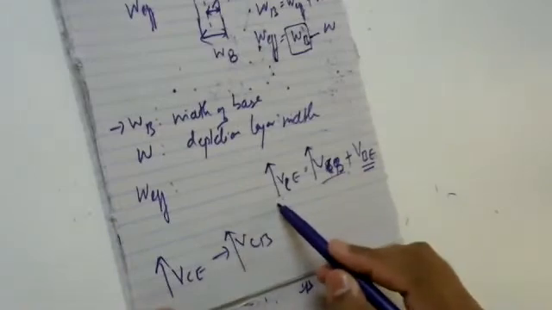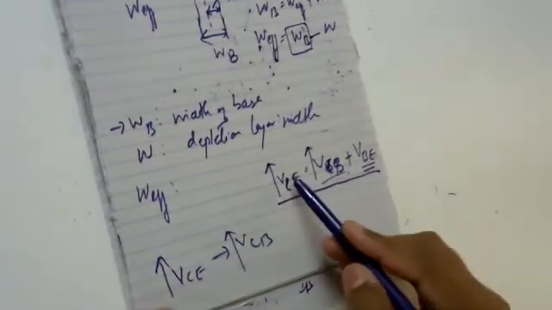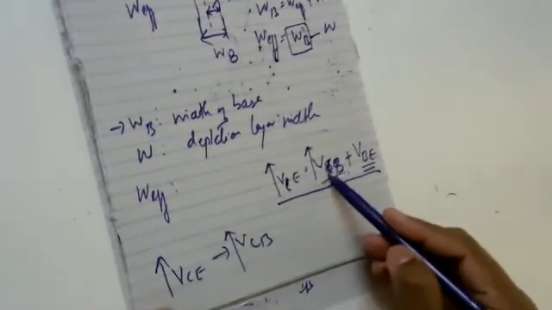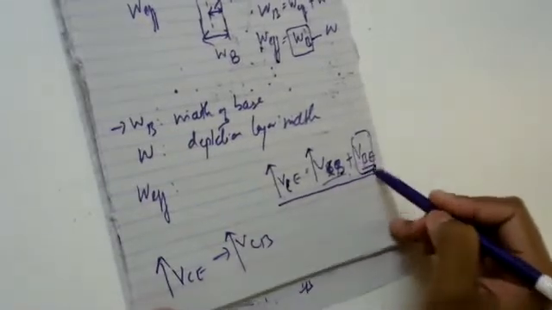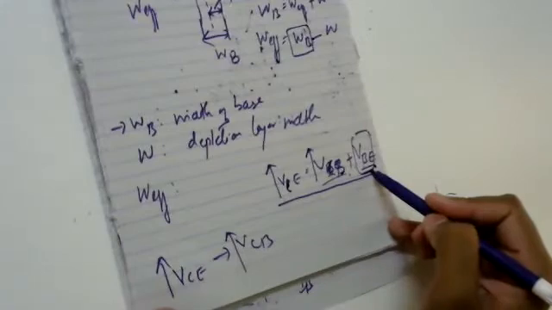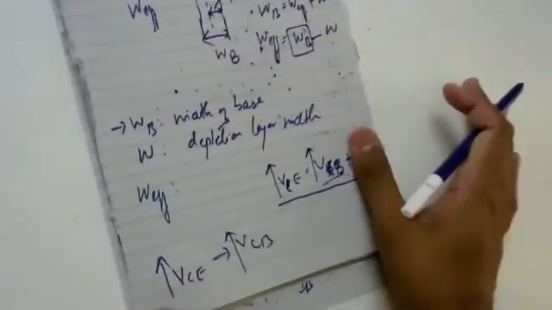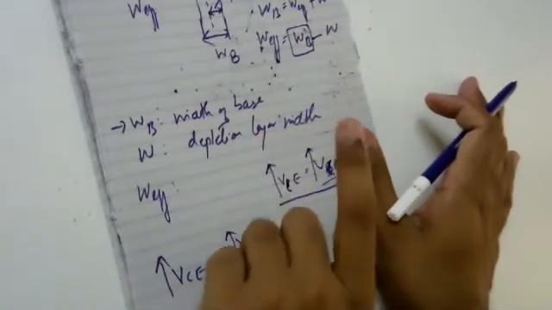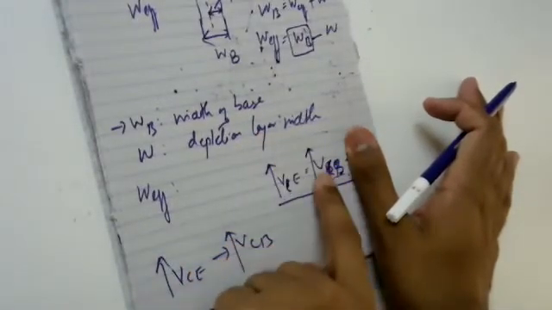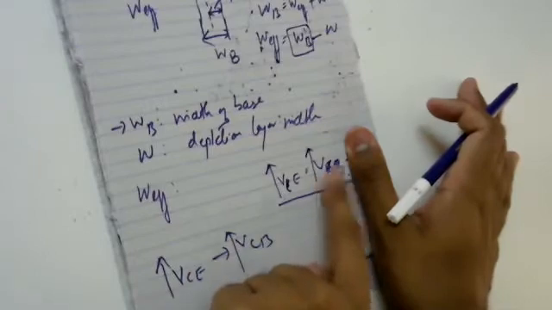Now, since I am increasing this VCE, VCB also increases. I am saying this easily with the help of this equation, wherein VCE is defined as VCB plus VBE. Since VBE is a fixed voltage for a given transistor, it cannot change. So if VCE is increasing, there should surely be some increment in the value of VCB.